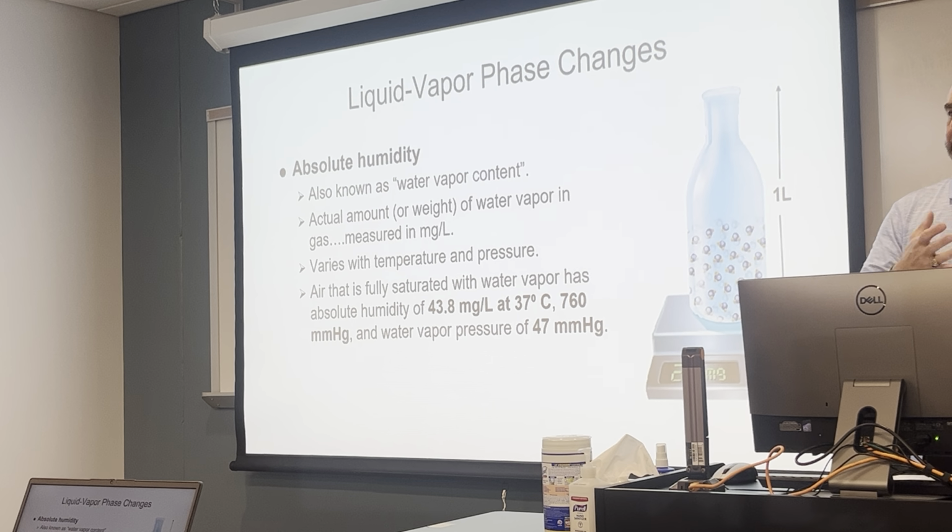What does the 47 represent? Water vapor pressure. So I'm going to simplify it even further. The 44 is an amount, milligrams per liter. The 47 is millimeters of mercury, mmHg, which represents pressure. So 47's the pressure, 44's the amount.